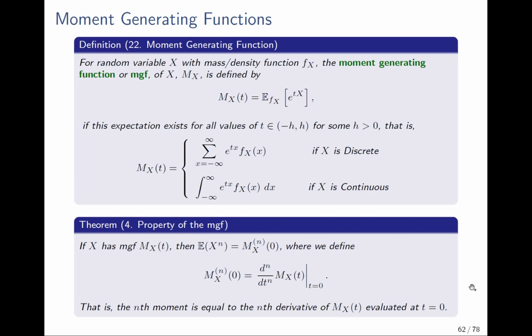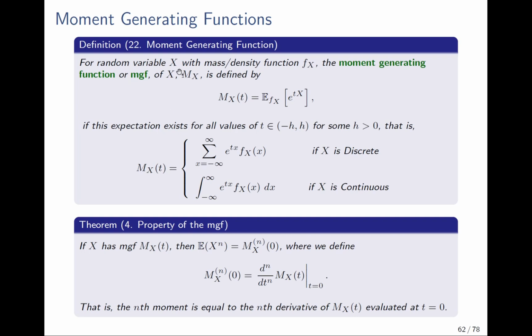A moment generating function offers an alternative way to characterize a distribution, and it's important in theoretical statistics, where some really important results are easier to derive using a moment generating function. We're not going to use it extensively in this course, but I do want you to know what it is. And of course, as the name would suggest, a moment generating function can be used to compute moments directly.